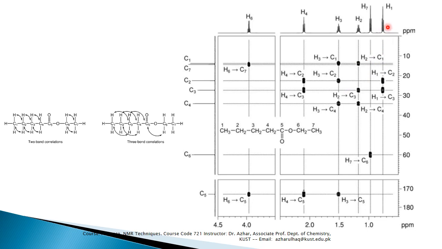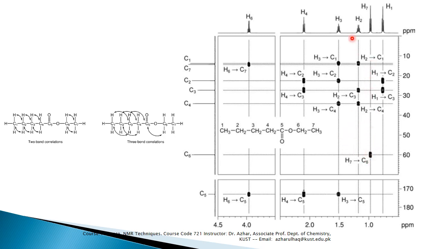Okay. Proton 1, that is H1. If you look at the structure, proton 1 shows connectivity with C2 and C3. Similarly, H7 shows connectivity with C4 and C6.